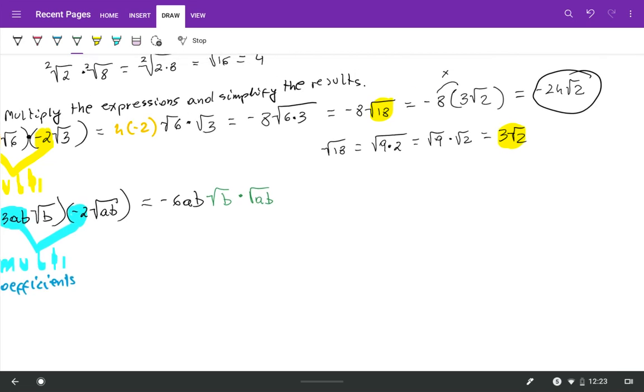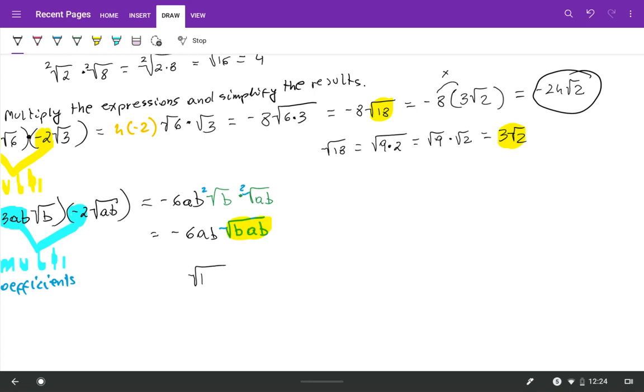And now here, look what happened. We have negative 6ab, and since both of those radicals have the same index, which is 2, we can rewrite that as one square root and just multiply the expression. So this is b times ab. And of course, you need to simplify that. So let's show work.